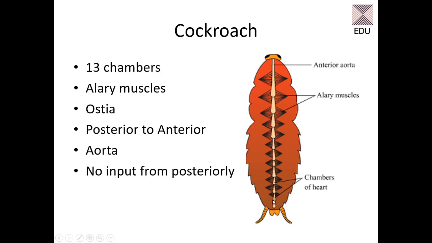Then when it pumps the blood to the next chamber, this chamber relaxes to some extent, and now this chamber has got the blood. It contracts, the blood goes to the next chamber, to the next, and to the next. That's how the blood is pumped towards the anterior side.